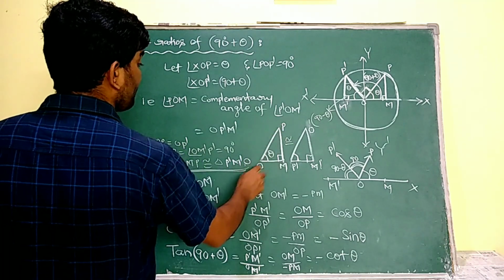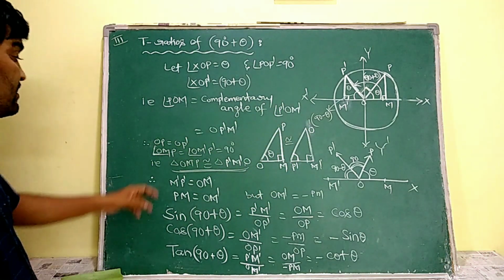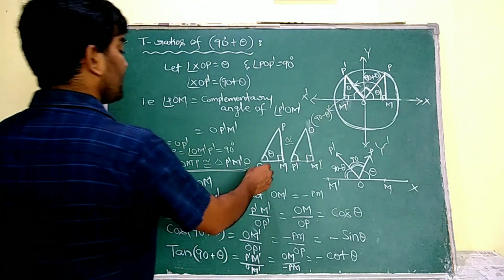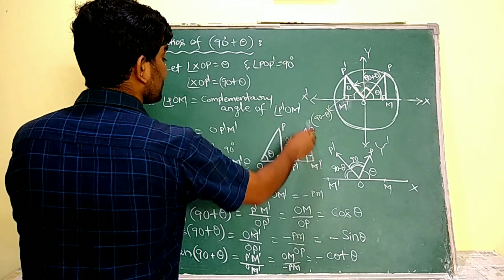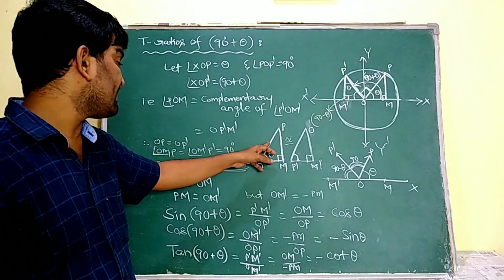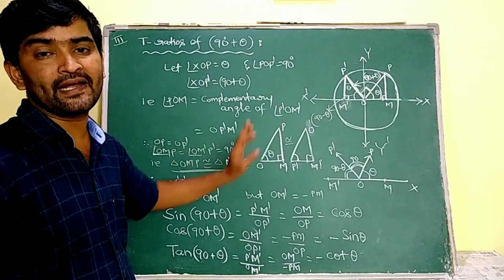First see, OP and OP dash are the radius of the circle. So those two are same. Now OMP, see, OMP is 90, P dash M dash O is also 90. That's what I wrote, 90 degrees. And it is a common side. See, angle side angle.